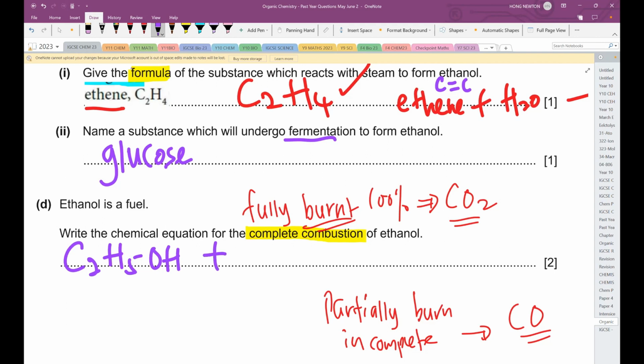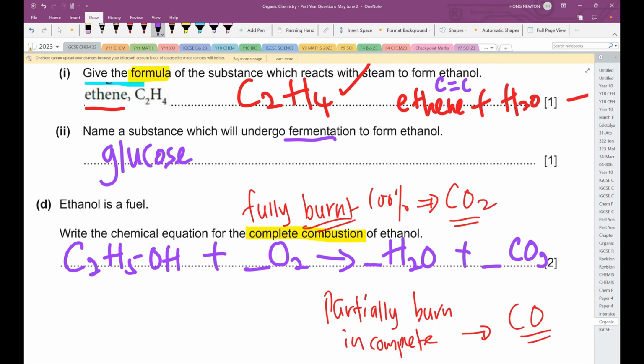Then plus, the balancing you do later. You don't care about the balancing first. So plus oxygen. Then it will give you water vapor, definitely, for the complete burn, and also CO2.